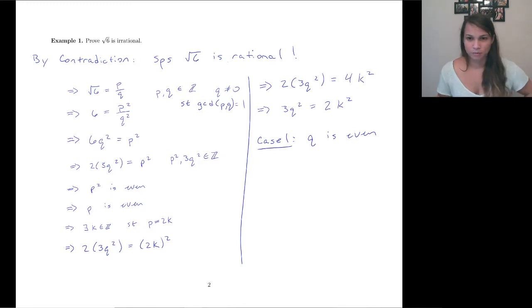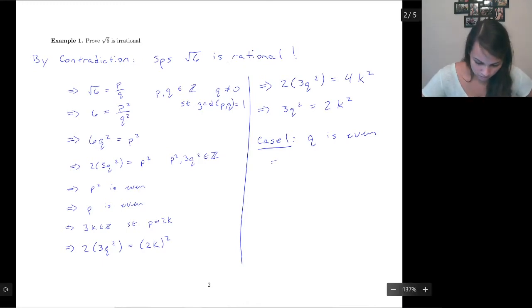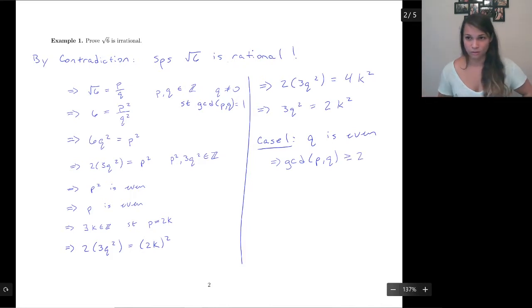So now back to case 1. We have q is even, we have p is even. So then the GCD of p and q is going to be at least 2.